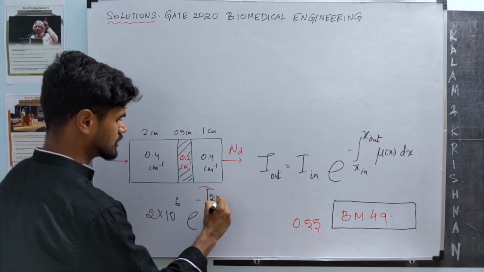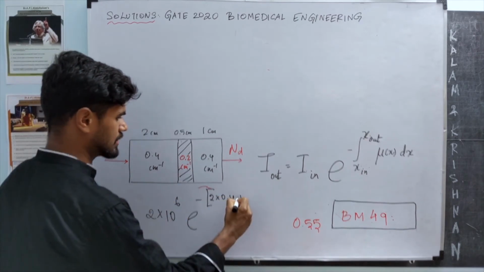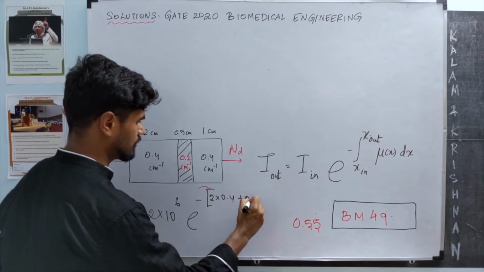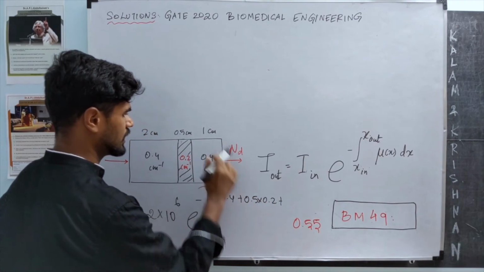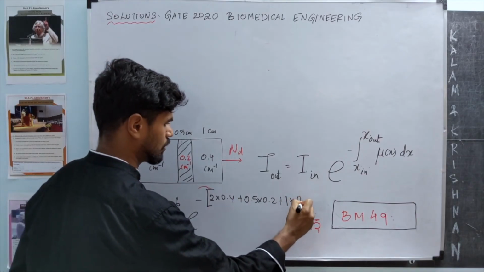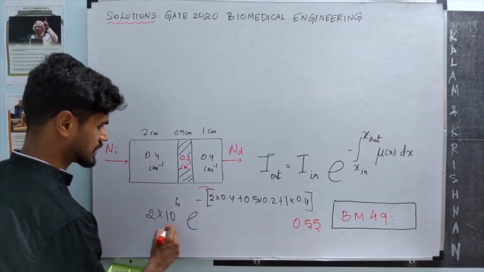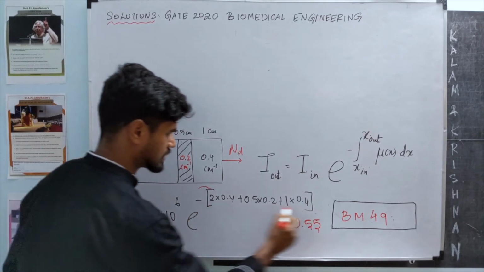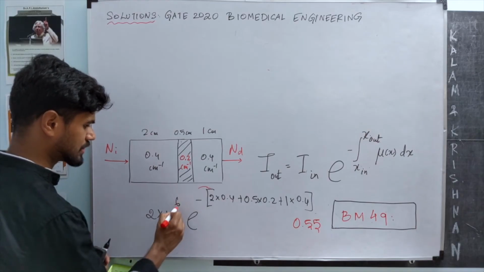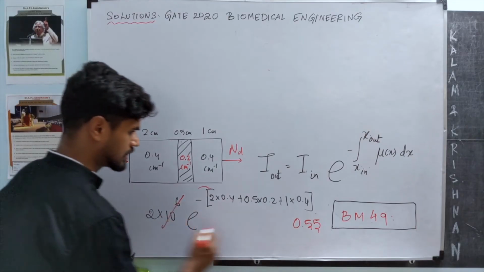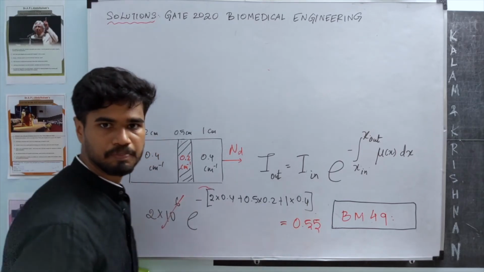So 2 times 0.4 for the first part, plus 0.5 times 0.2, plus 1 times 0.4. Just find this e power term and you will get the answer. We need the answer in terms of 10 power 6, so find 2 times this fraction, which will be 0.55.